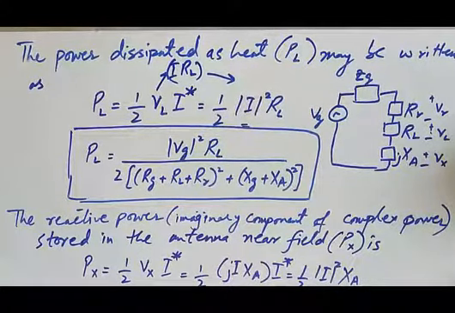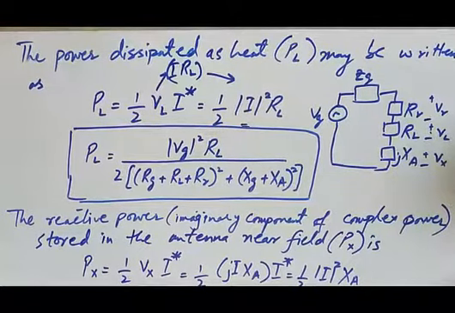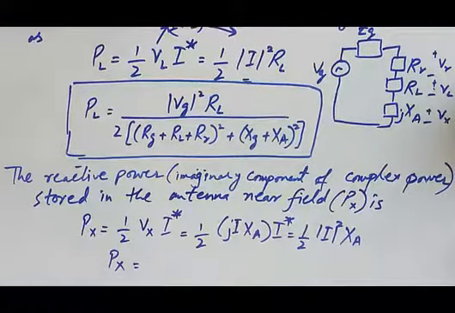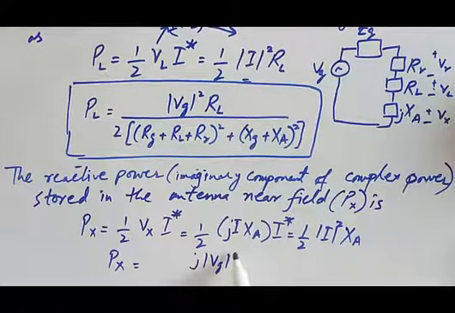So PX has this equation, and by putting in the value of the I magnitude, we can find the equation of the reactive power stored in the antenna near field.